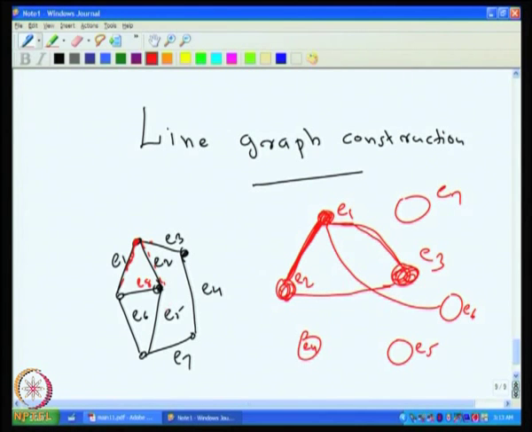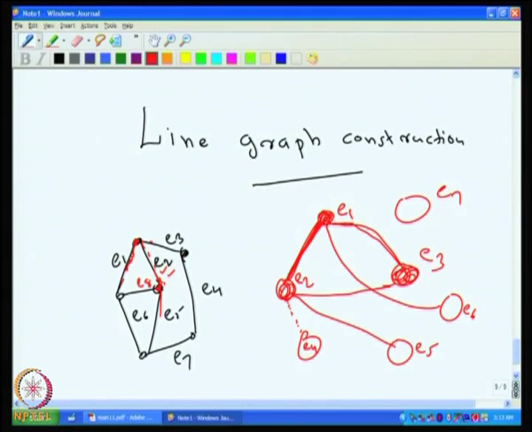What about E2 and E5? E2 and E5 are adjacent because they are sharing a vertex here. So, E2 and E5 are adjacent, you put an edge between them. E2 and E4 are not adjacent because both endpoints of E2 are different from both endpoints of E4. So, there is no connection between them, right.